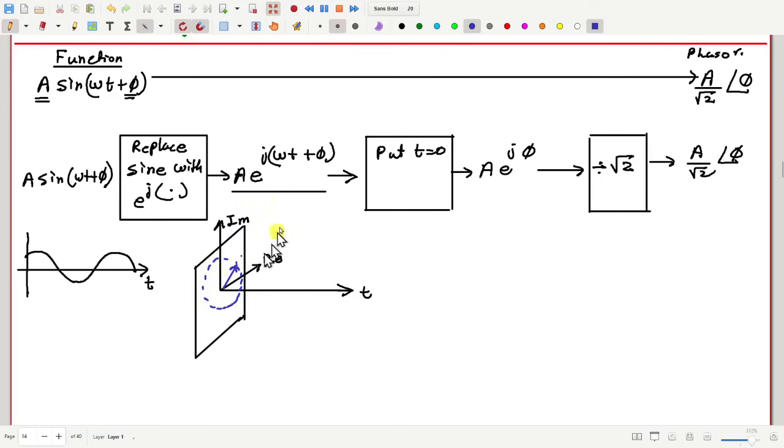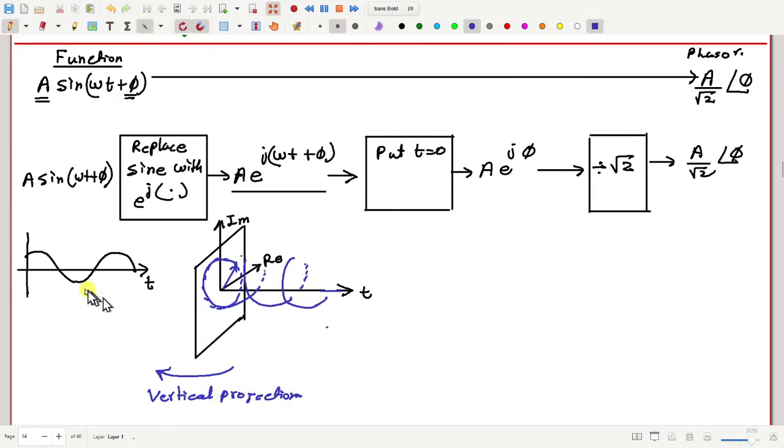So it will be like a helix, or a spiral, like this. Now what's the relation between this spiral and the original function? The original function is just the vertical projection of the spiral.